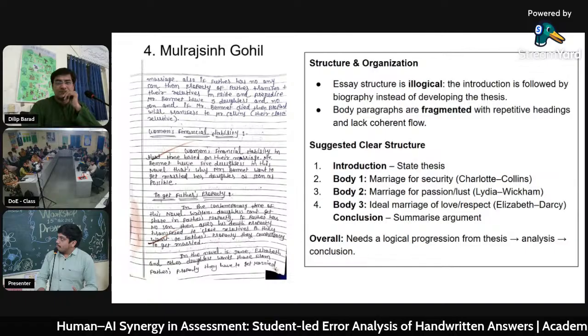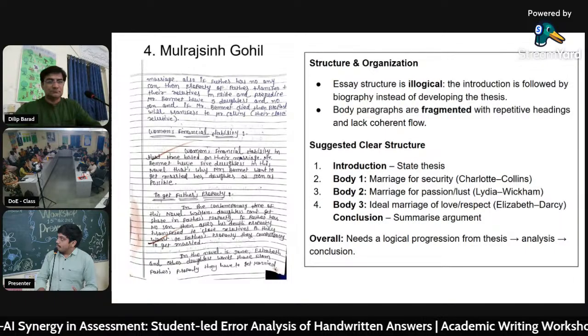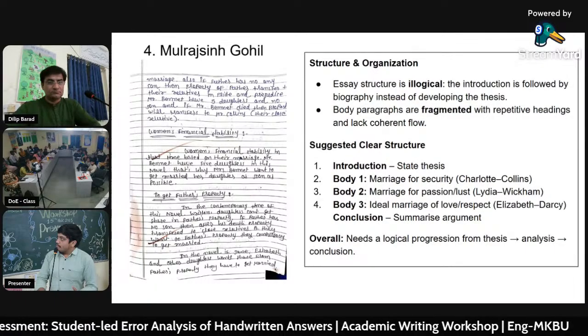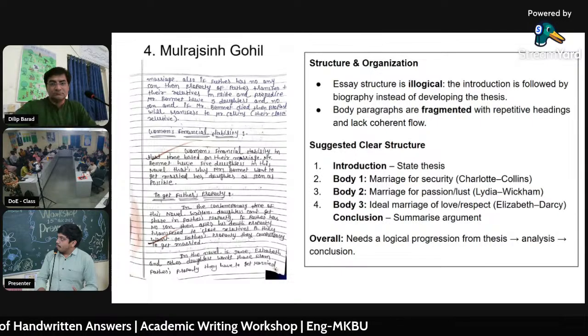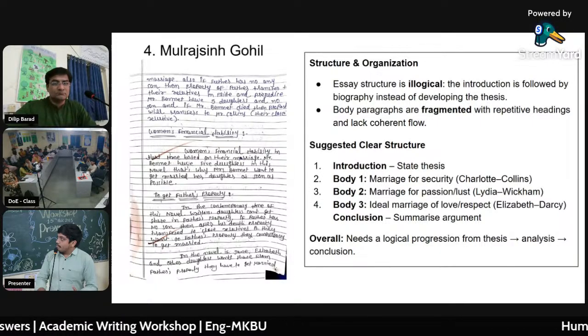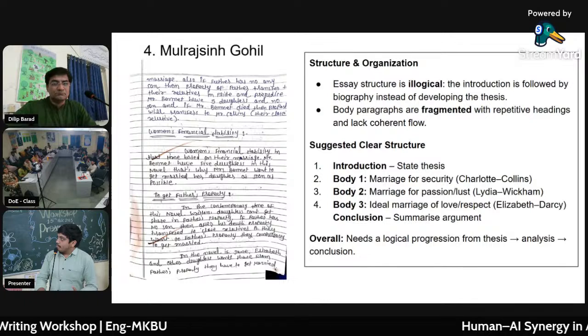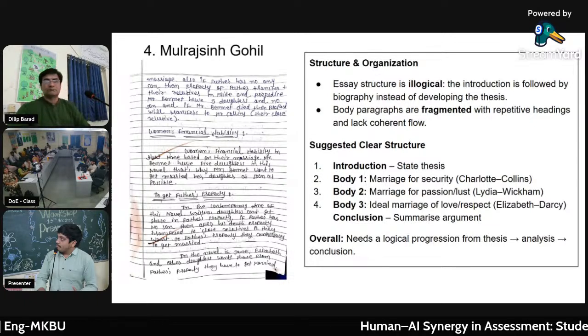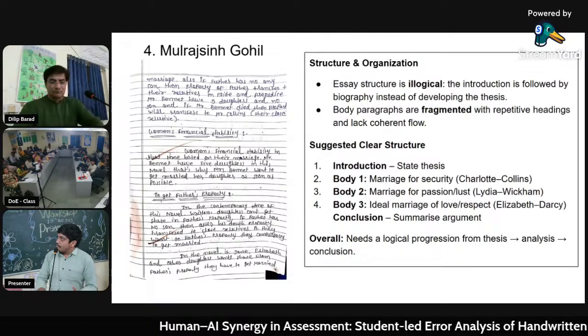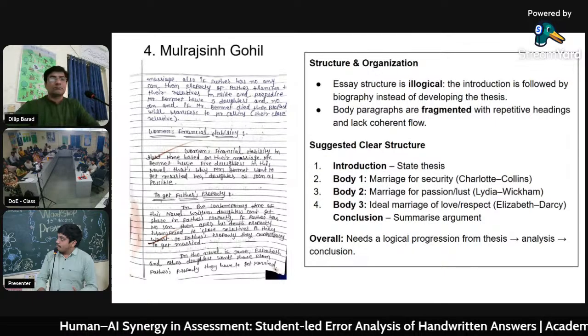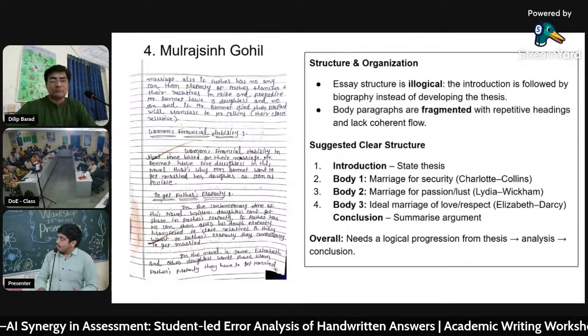Okay, the fourth one is by Mulraj Sigohil. According to the AI, his handwriting was good, and he has a proper logical structure in his answer. Body paragraphs are fragmented with repetitive headings and lack coherent flow. Suggested clear structure: introduction, state thesis. First body: marriage for security, Charlotte Lucas and Mr. Collins.